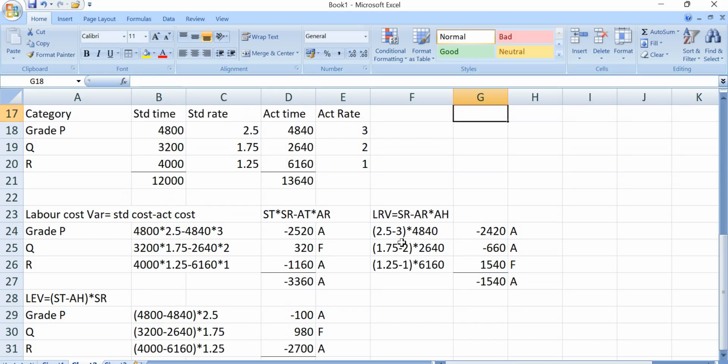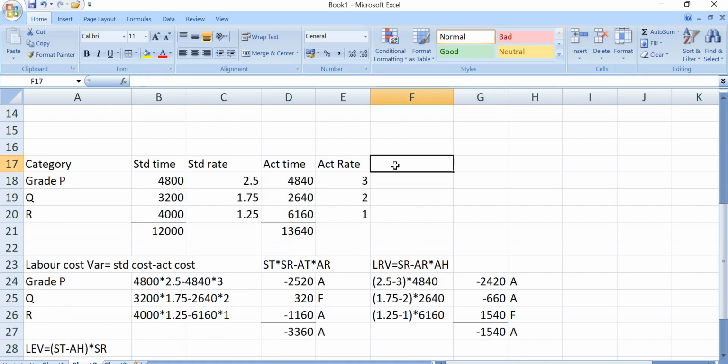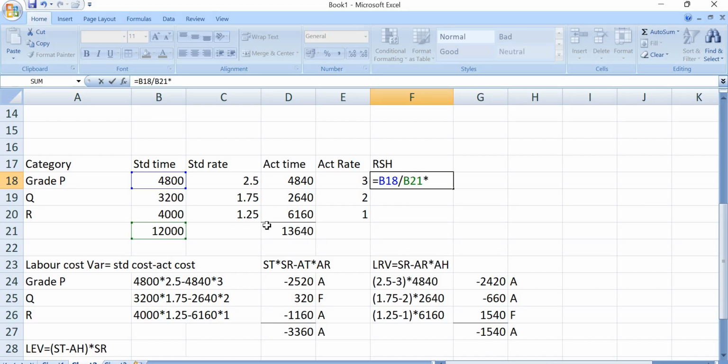So we need to calculate revised standard hours. Here I'm including one more column, that is revised standard hours, RSH. For RSH, I have to take standard time of the particular grade of workers, that is P in this case, divided by total standard hours, that is 12,000, into my total actual hours, that is 13,640.